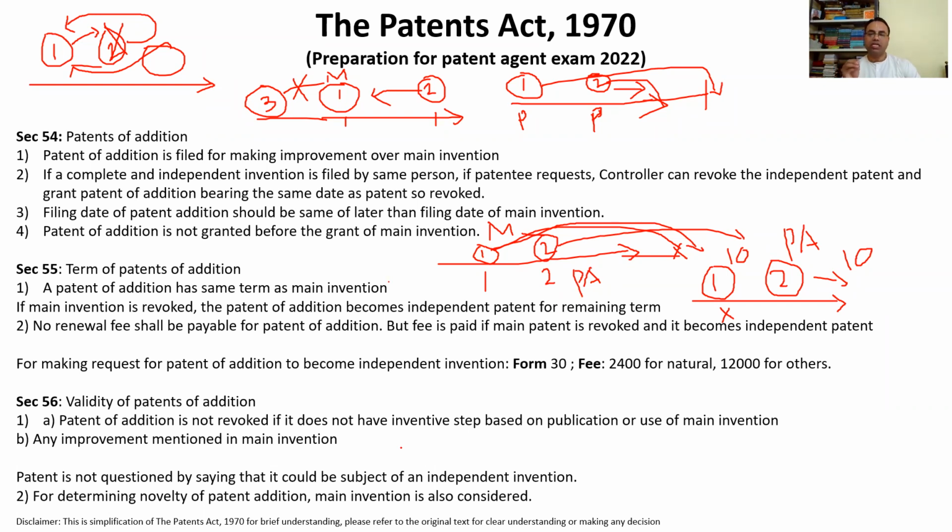For considering the inventive step, the main document is not considered. That means you need not prove that it is inventive over the main invention, but one has to prove that it is novel over the main document. Nothing should be known, published or used.